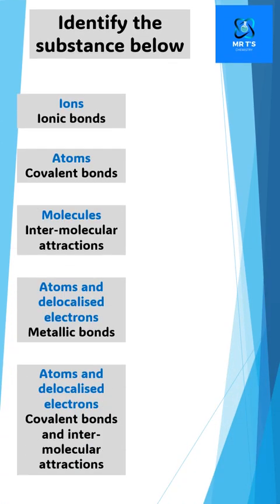Okay, so this is just a quick wrap up. Can you identify, using the particles in blue and the attractions in black, the type of substance for each of these 5 examples here? So I'm going to give you just a few seconds to go through and see if you can quickly identify, are they a covalent network, molecular, ionic, or metallic substance?